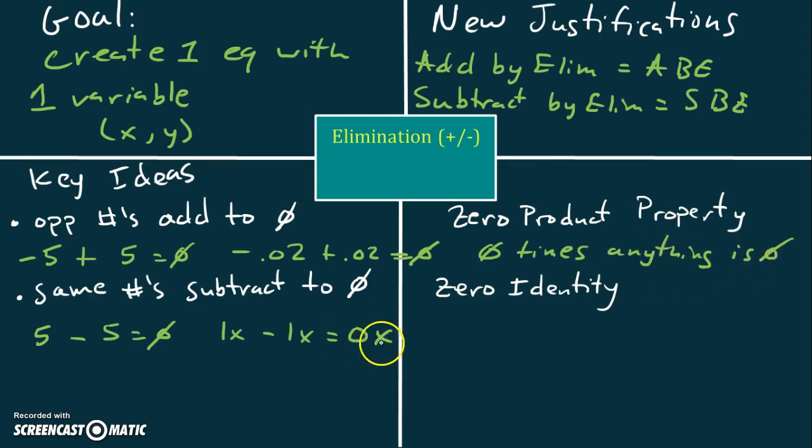So here 0 times x is 0, because 0 times anything, no matter if it's a number or variable, is 0. 0 times my iPod is 0. And then the last idea today is the zero identity, which is just 0 plus 5 equals 5, or 5 minus 0 equals 5. If you add and subtract 0, it doesn't change the value.